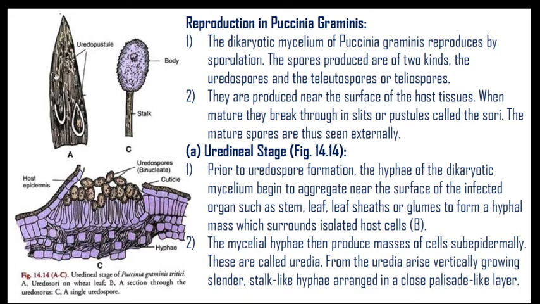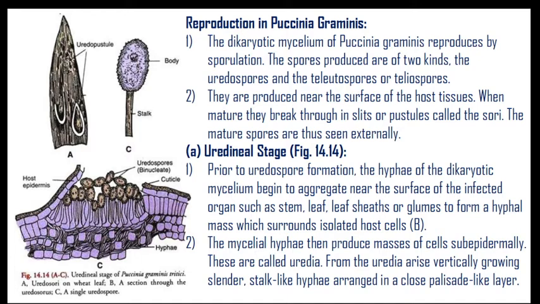This is the wheat leaf which shows uredospores, the red markings with these circular patches. B is a section through the uredosori, that is, the uredospores. This part is bulky in nature.